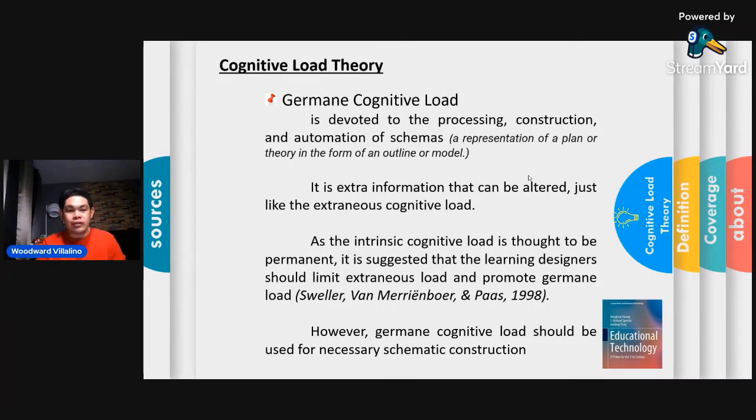And we could identify that the extraneous cognitive load here is the suitable activity design or the learning method. So what are the suitable activity designs or learning methods that must be done? This could be altered and should be altered so that it will not be too much for the students or the learners to accept. So the third one, we identify the germane cognitive load.